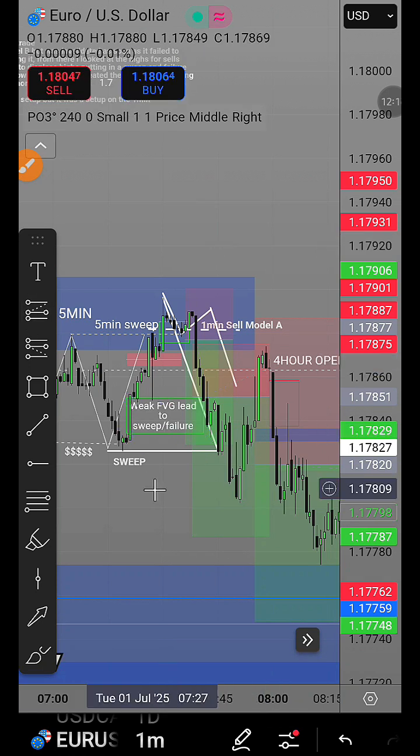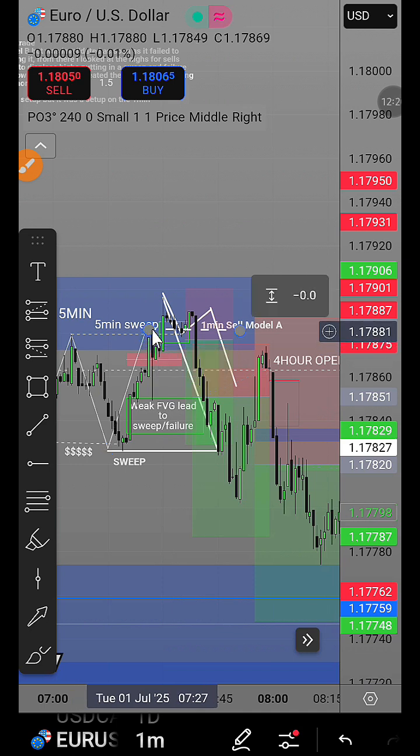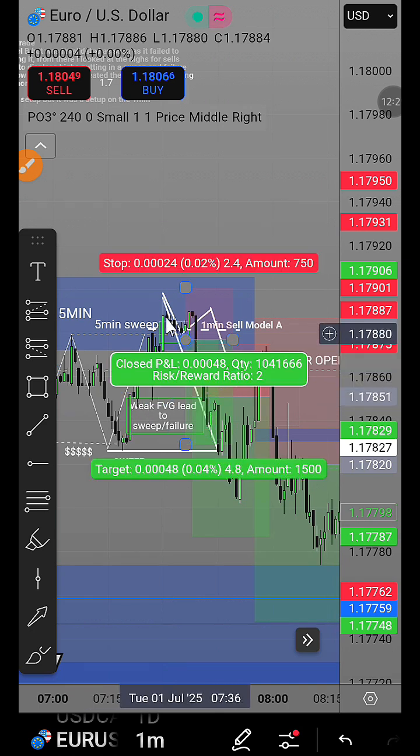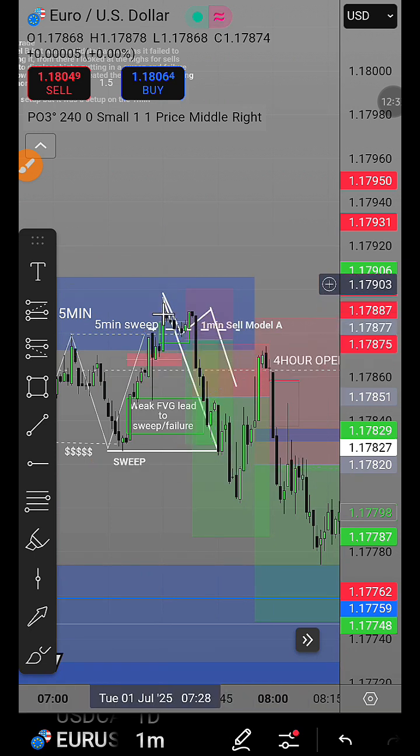Sell model B, 1 minute sell model B, you can see price left behind a swing here because it was bullish. It left behind that swing so it can trade lower, retrace lower, tap into that 5-minute bullish FEG, fails to displace higher. It only sweeps the highs and then falls back into the range.